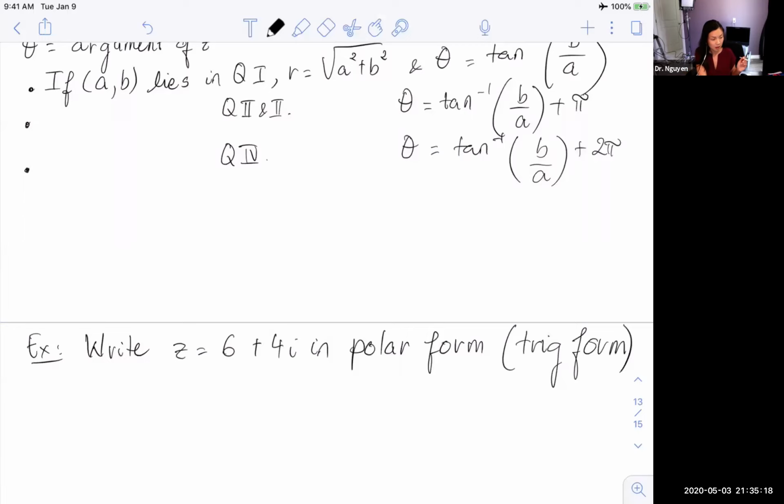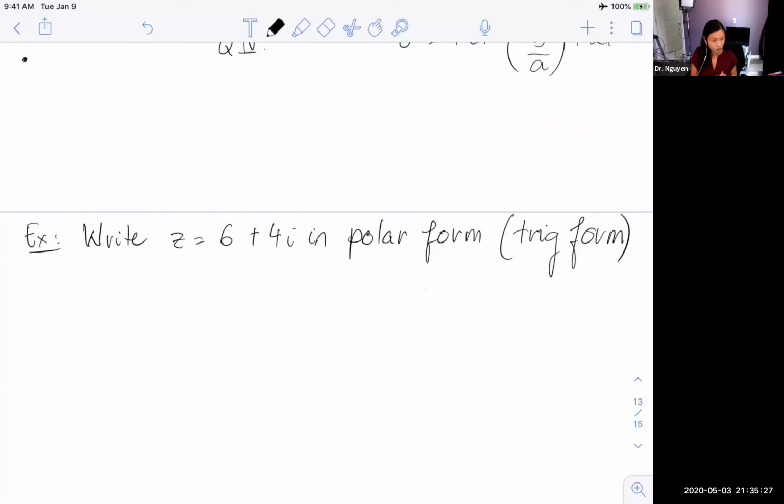Okay, all right. So I'm going to use radians for theta. I just want to inform you of that.